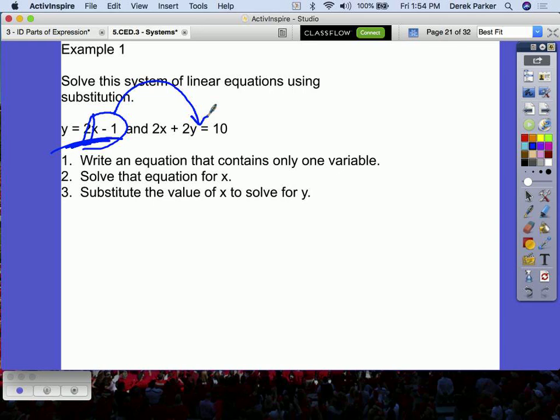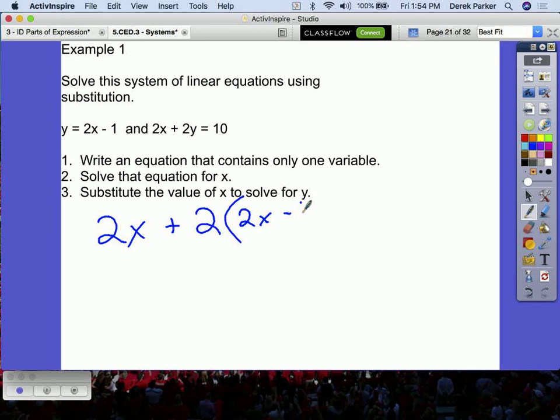So this is what this means: 2x plus 2. Now I'm going to put parentheses here because I'm substituting as y. So that y is gone, because in the first equation it says y equals 2x minus 1. So I'm going to plug in 2x minus 1 as y, and all of that equals 10.